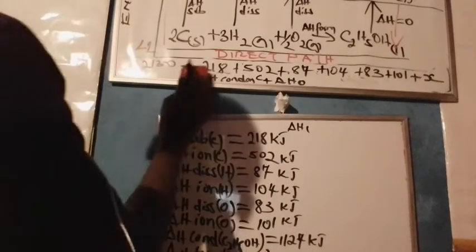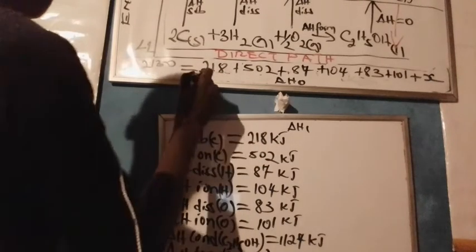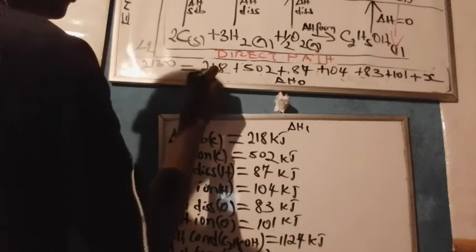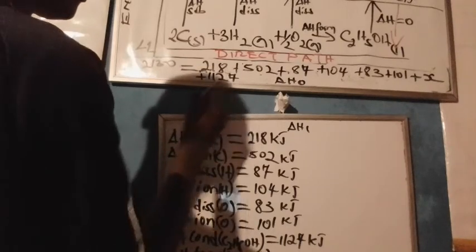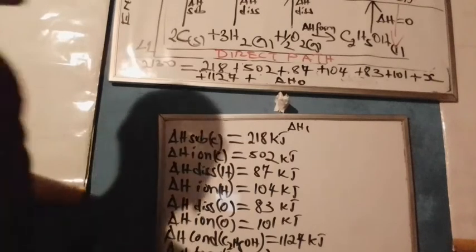So the unknown we transform into X. Now, proceeding to the next level, we have condensation, which has been given as 1127. So we add 1127, and then plus the subsidiary between ethanol aqueous and ethanol liquid, which is 0.